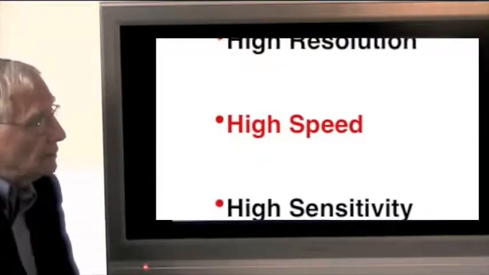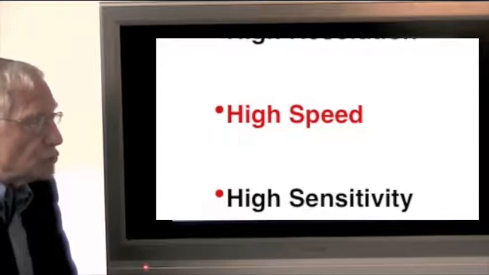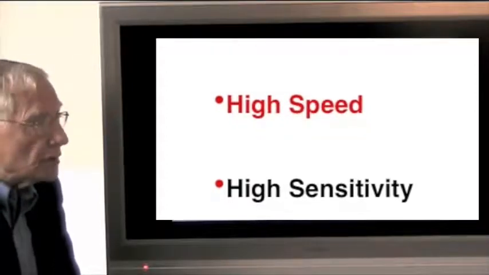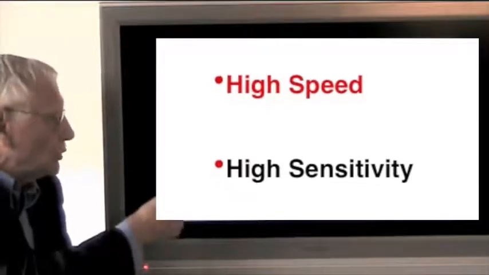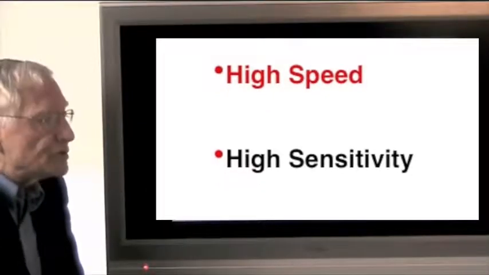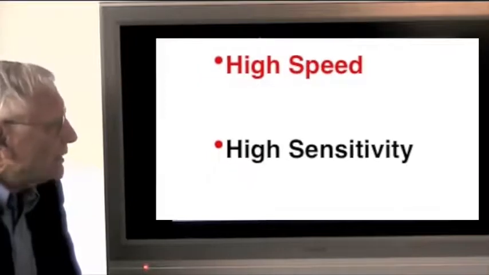High speed: analysis in a matter of minutes is routine, and in the last few years, analyses in a matter of a few seconds are also possible. With high sensitivity, we see both rapid analysis as well as high sensitivity.